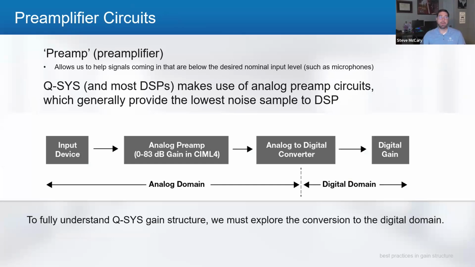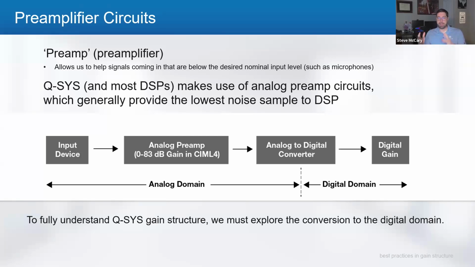Okay, let's talk about preamp circuits. This is what happens when we bring an analog signal into a digital processor. What we have going on here is you bring in the signal, it's analog. We then have an analog preamp, and then we will hit what is called the ADC, or the analog to digital converter.